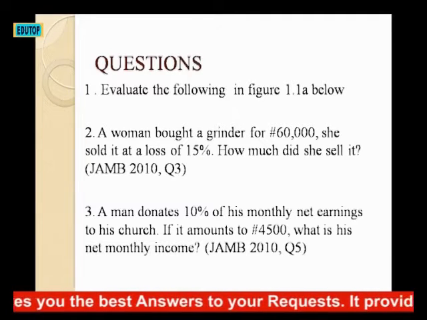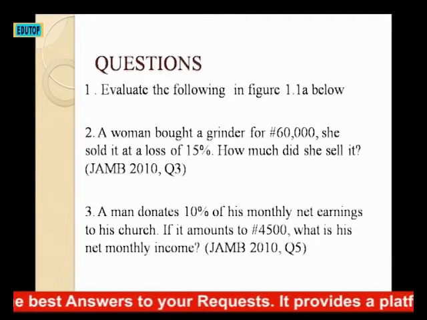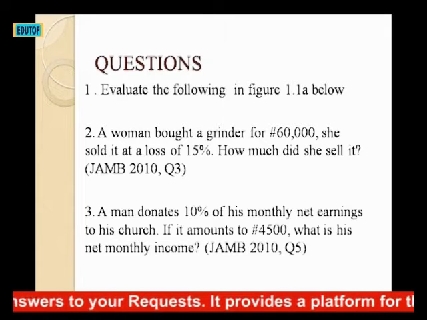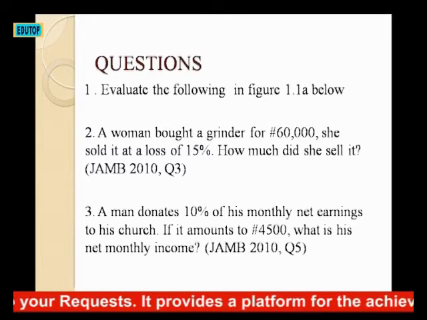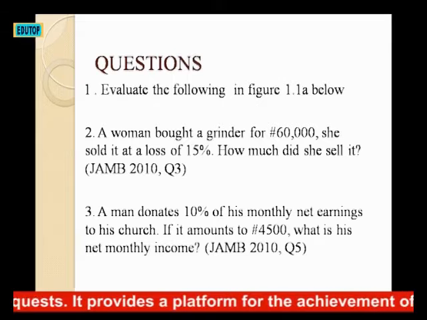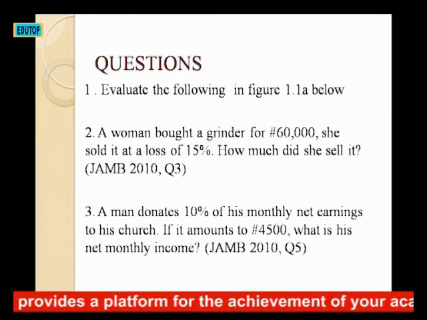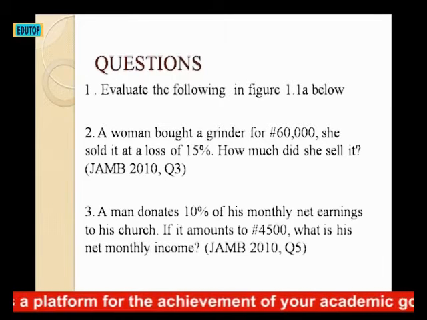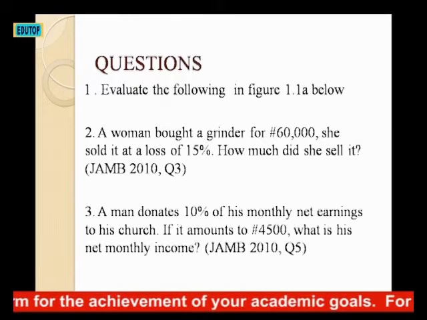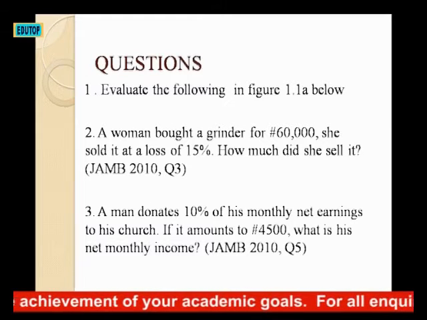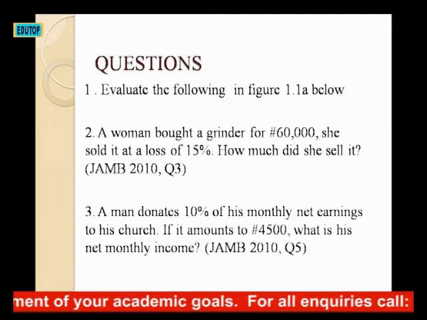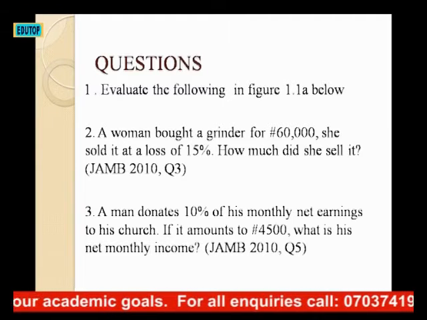She sold it at a loss of 15%. That means percentage loss is 15%. Then how much did she sell it? So the question is asking us for the selling price.